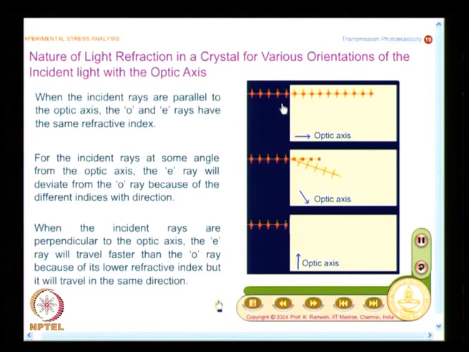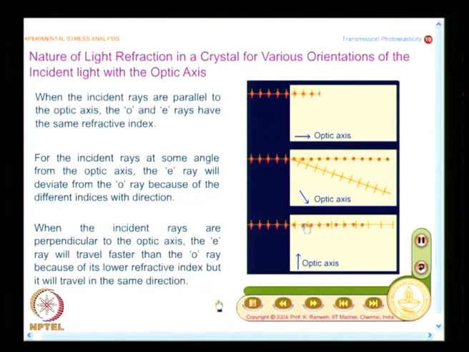The first case is very similar to what happens in an isotropic medium. In the third case, both the ordinary and extraordinary rays travel in the same direction, but because of different refractive indices, they travel with different velocities.